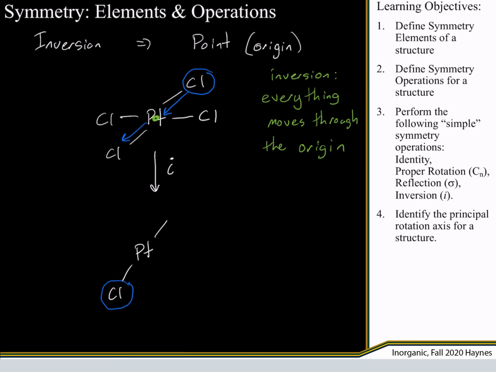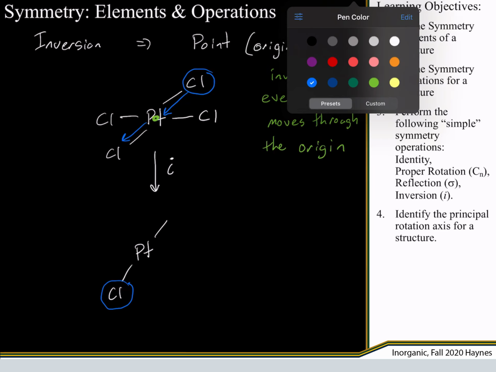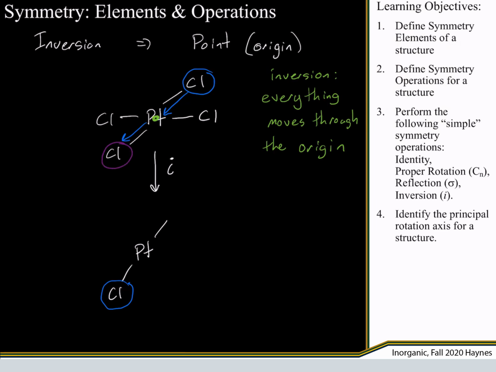It moved through the origin and out the other side an equal amount. At the same time, this chloride moved through the origin and out the other side, so it ends up here.